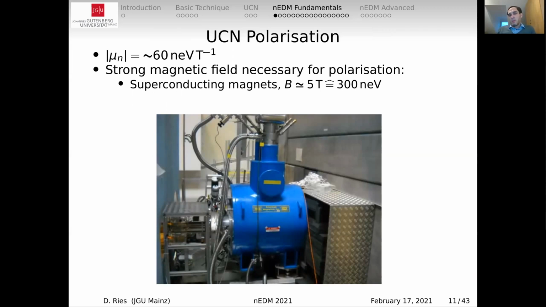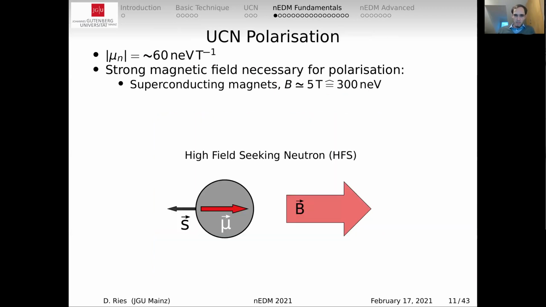So you've seen before that the magnetic moment is about 60 nano electron volts per Tesla. So if I have, for example, a superconducting 5 Tesla magnet, then that produces a spin-dependent potential of about 300 nano electron volts. And it will attract some of the neutrons with this potential, and it will repel others with the same potential.